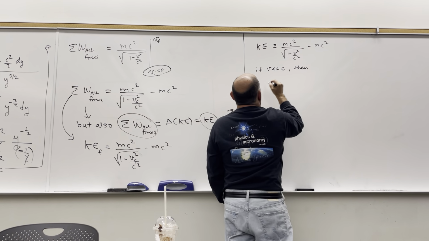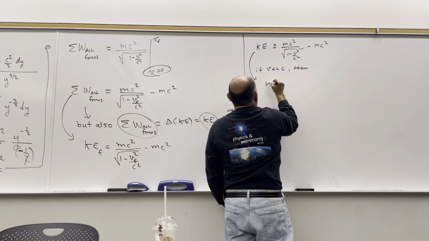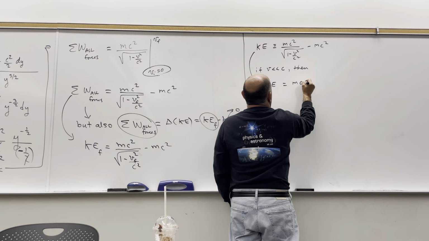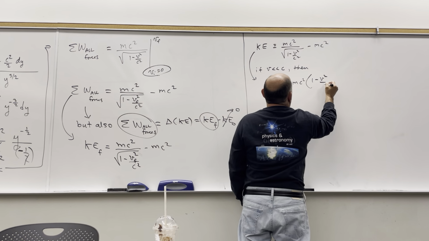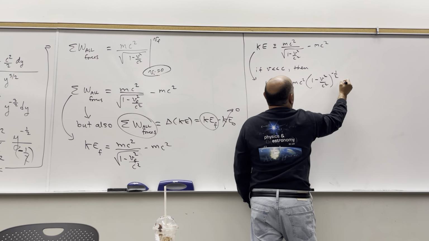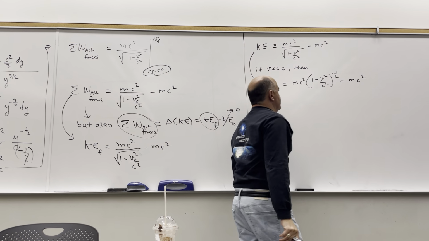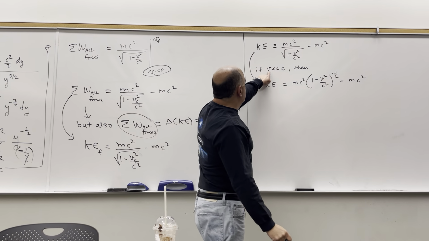So this becomes, I'm going to write it like this: mc squared times 1 minus v squared over c squared to the minus 1/2, minus mc squared. And this quantity is small.